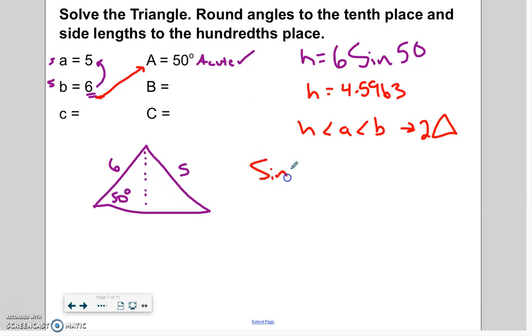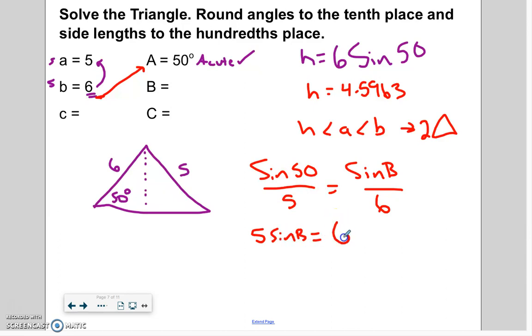So to calculate that, you do the exact same thing we've done before. We go sine of 50 over 5 is equal to sine of B over 6. And now we cross multiply. So we got 5 sine of B is equal to 6 sine of 50, which by the way should look familiar. 6 sine of 50.